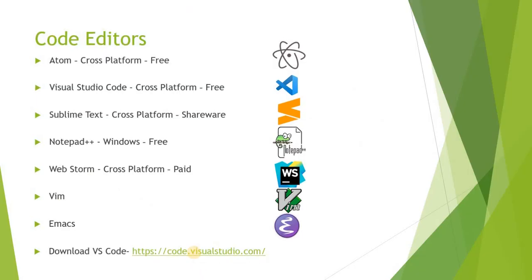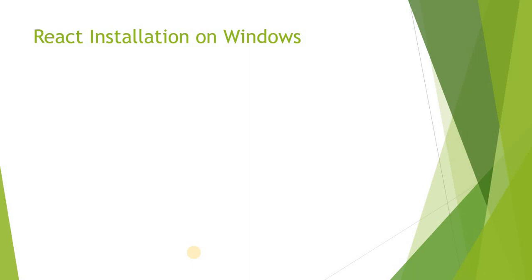So after downloading the code editor, now we will see how we can install React. Before installing React, we saw that we need particular prerequisite software that is required to create your React application.